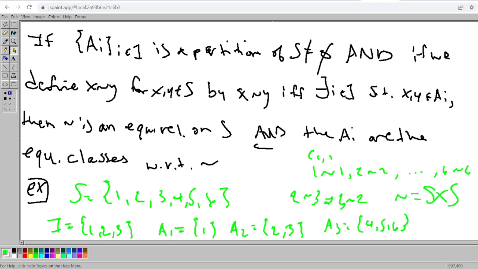For 1 to 1, it's (1, 1). We have (2, 2), up to (6, 6). And then we have (2, 3), (3, 2), and onwards to get the whole thing.